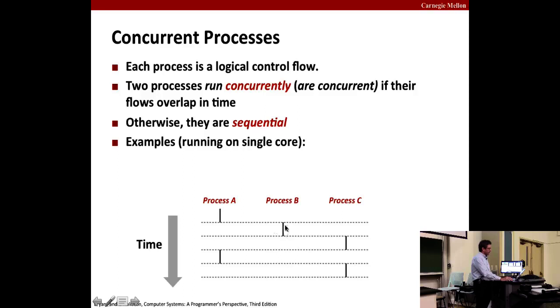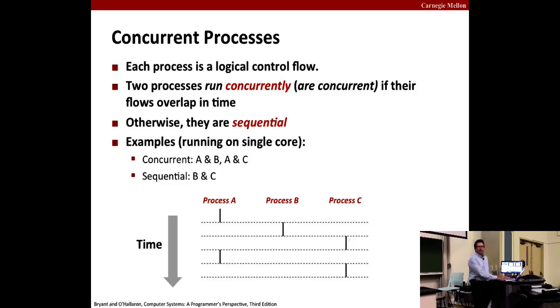B starts and finishes, and this portion of B's flow overlaps with A's flow, because A is still running and hasn't finished. So A and B are concurrent. Similarly, C and A overlap, so they're concurrent. But B and C are not concurrent, because B finishes before C starts.